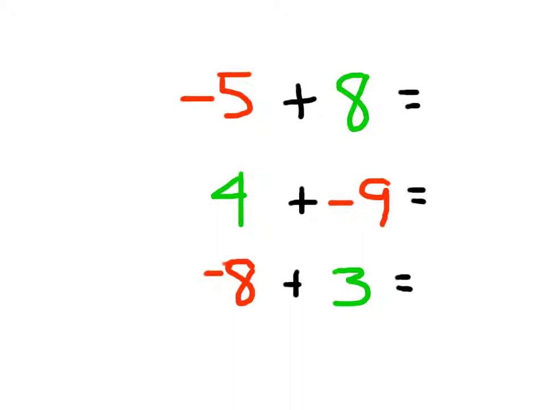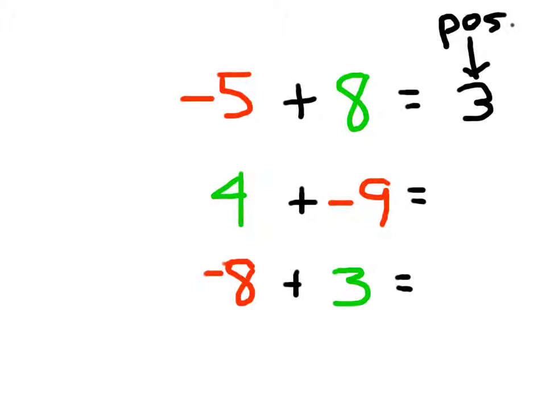Now, what positive number is it going to end up being, though? The way we figure that out is we just take the 8 here, and we subtract the 5. So 8 minus 5 is 3. And so that is our answer. Negative 5 plus 8 is 3.